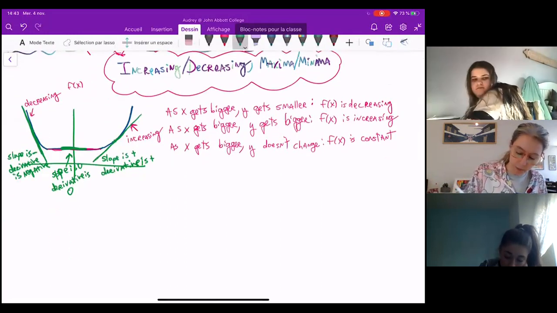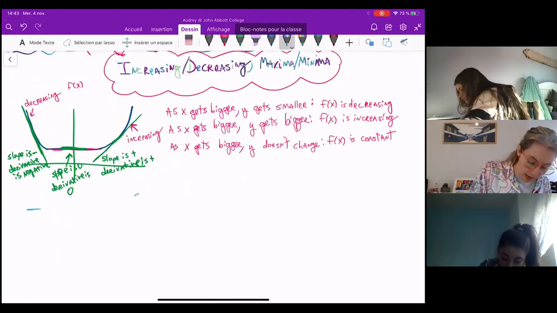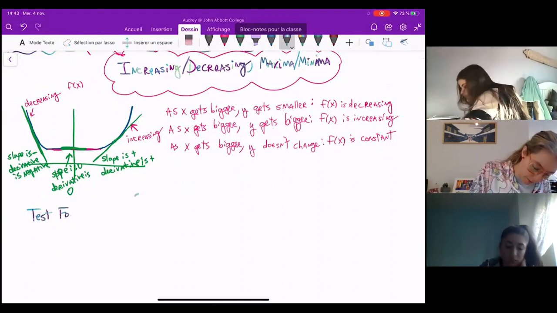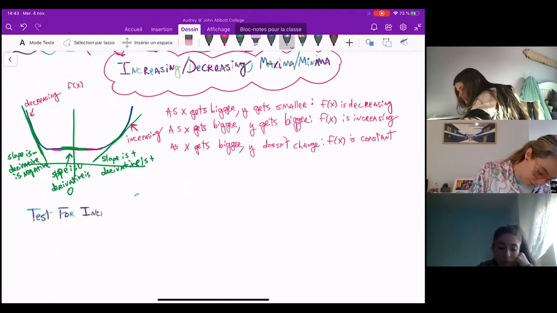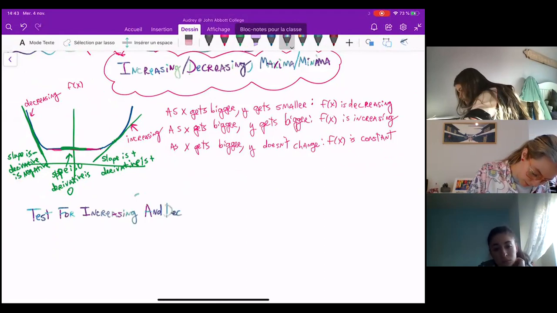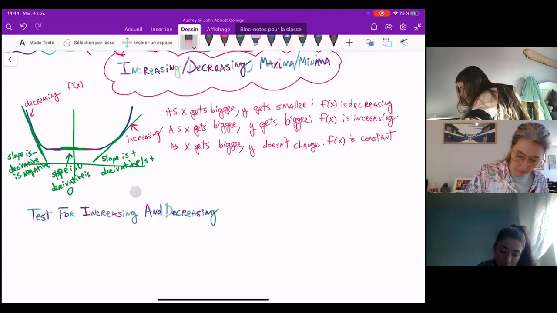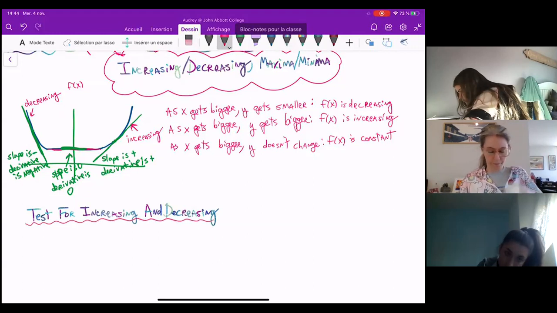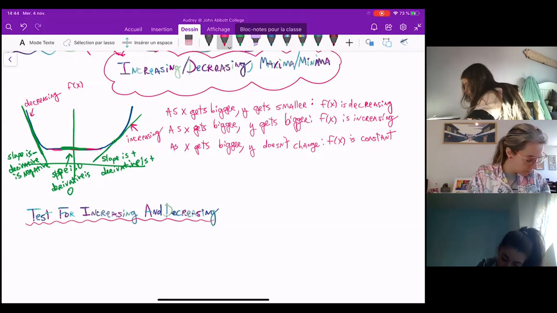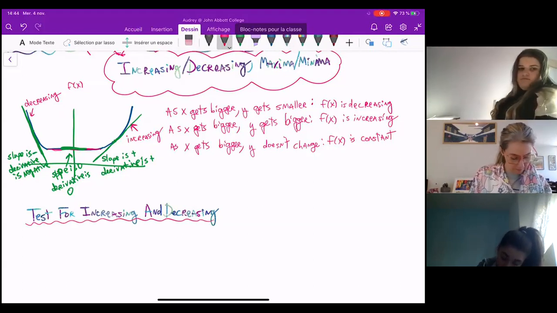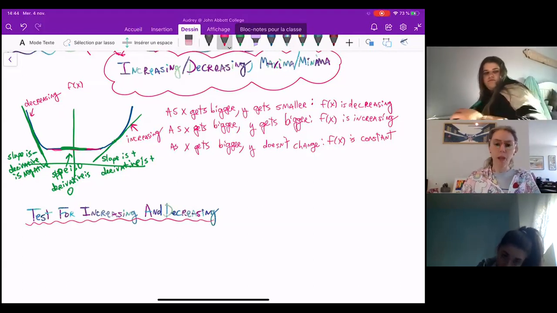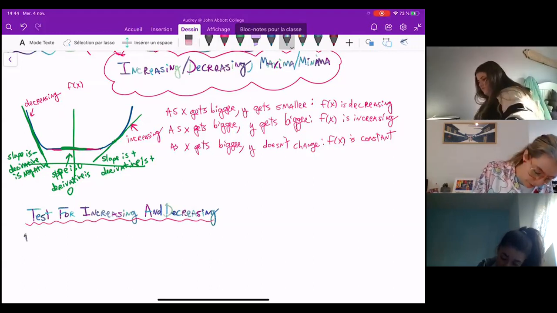And this is actually a specific test that's called the test for increasing and decreasing. And so what this test tells me is 3 different things.